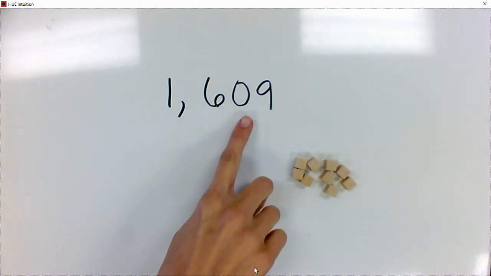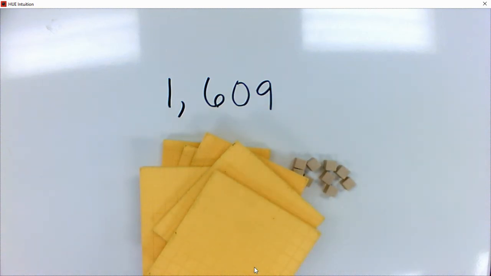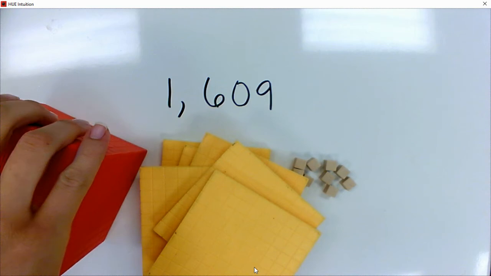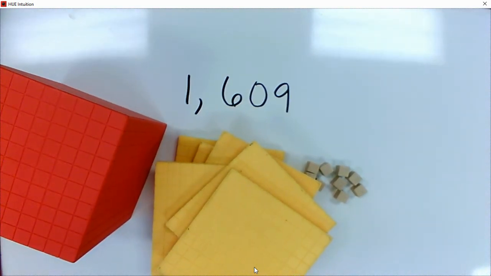I wouldn't have any tens because I have a 0 in my tens place, but I do need 6 hundreds blocks. 1, 2, 3, 4, 5, 6. And this time I have a group of 1,000, so I would need a 1,000 block to make this number. Here is the number 1,609 using base 10 blocks.